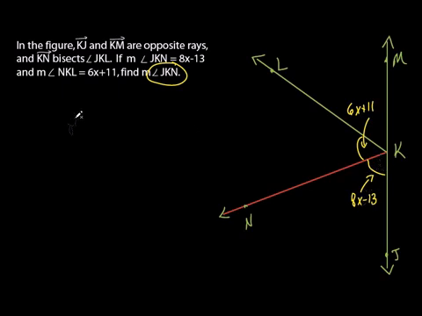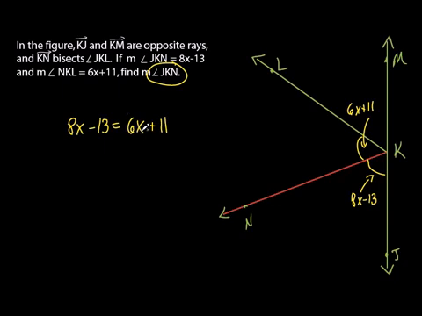So algebraically, we're going to set them equal to each other. So I take 8x minus 13, which is this angle, and set it equal to 6x plus 11, which is this angle. Why do I set them equal? Because we were told that this was being bisected, so that means we've split this big angle into two equal angles. That's why I put the equal sign there.